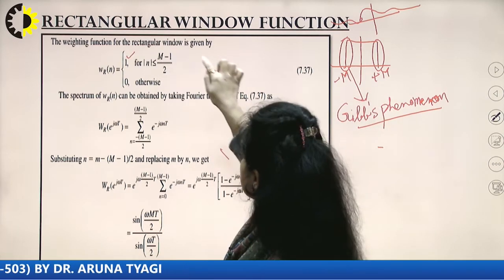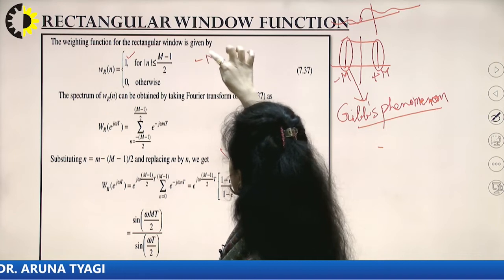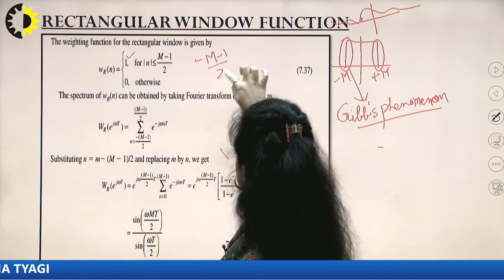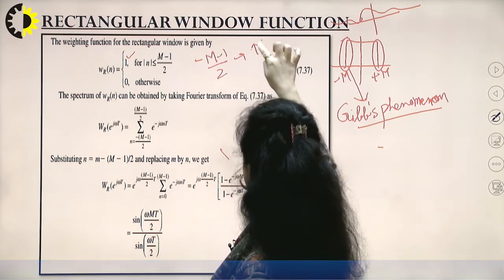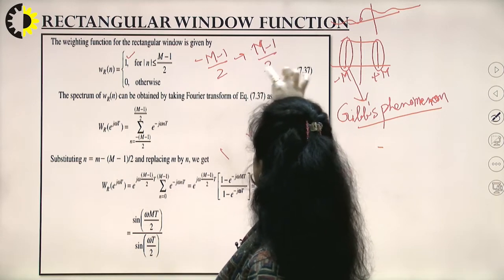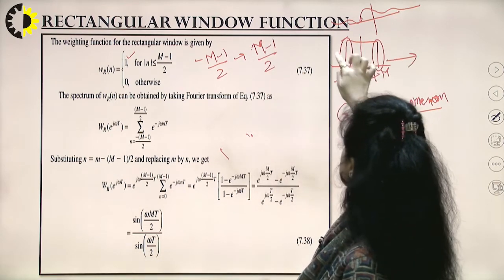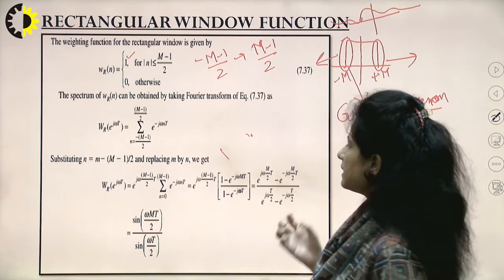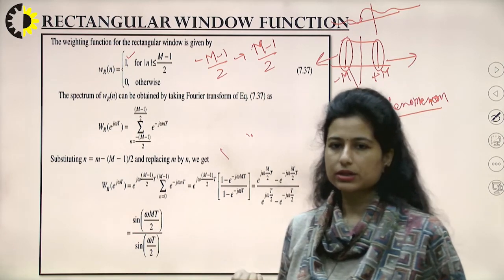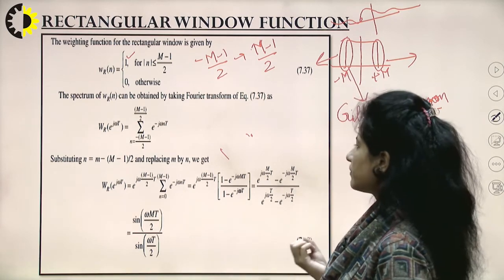The rectangular window is mathematically defined as having value 1 in a certain range, from minus (M minus 1) by 2 to (M minus 1) by 2, and at all other values it is 0. I'm plotting its frequency response to see what kind of response I get.